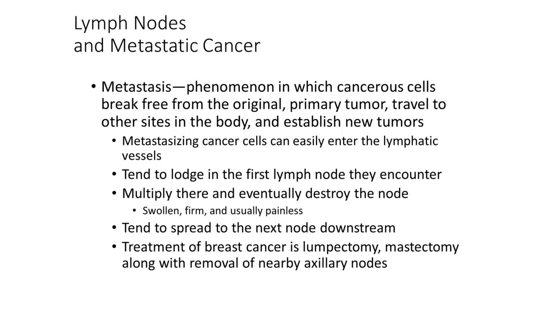So one of the treatments of breast cancer is a lumpectomy. So if you have breast cancer, you may need to have your breast removed, and a lot of times they will actually take the axillary nodes with it.